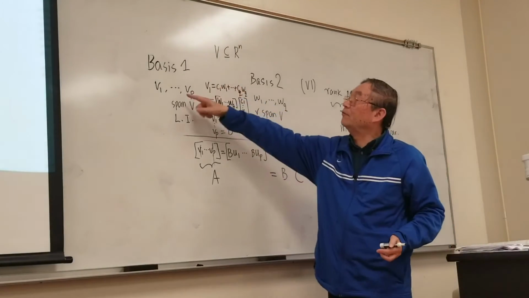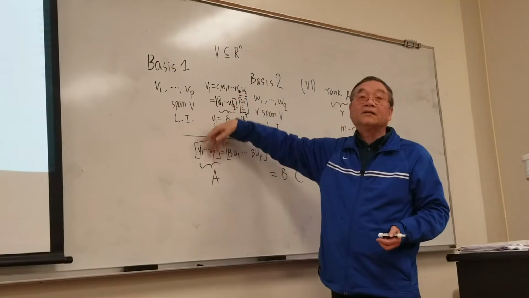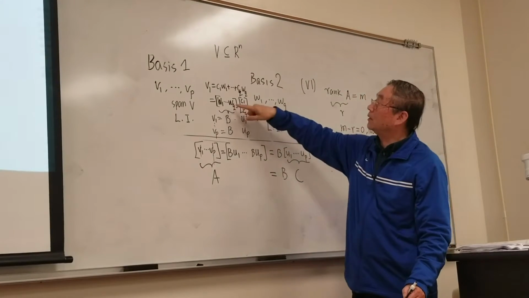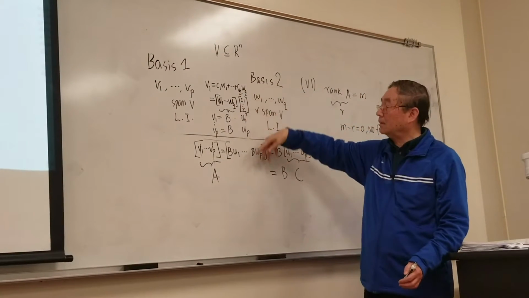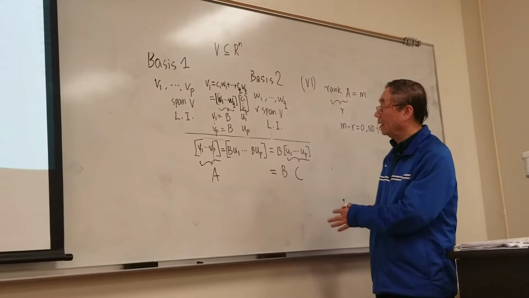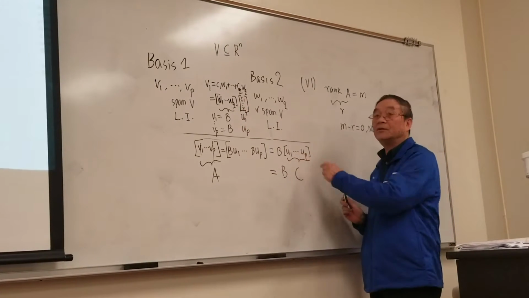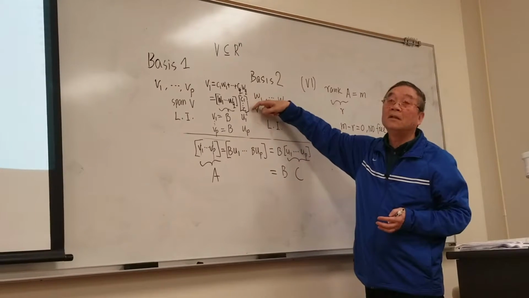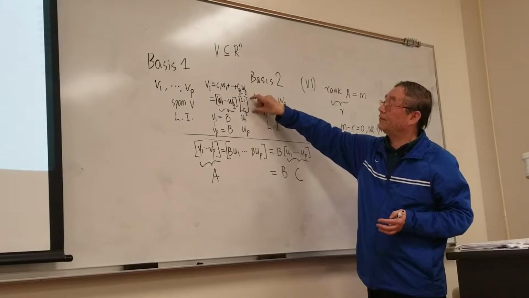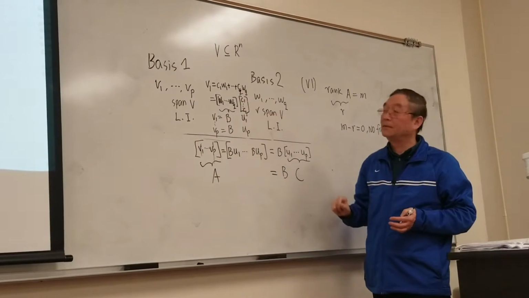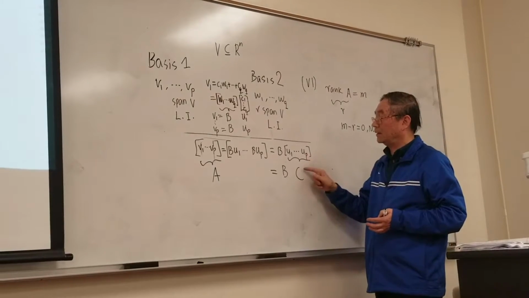You use V1 through VP as columns, that's A. You use W1 through WQ as columns, you get B. And then you have U1 through UP, the coefficients in that, C1 through CQ. The coefficient is a vector, so we call it U1. So U1 through UP, that's C.